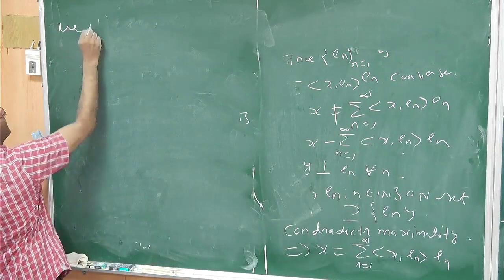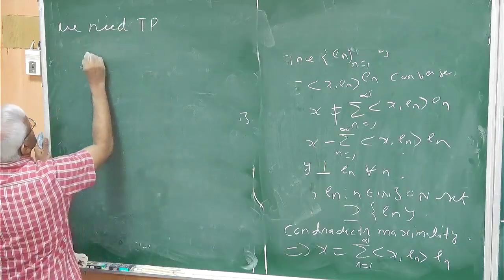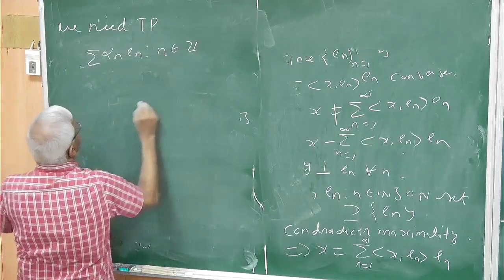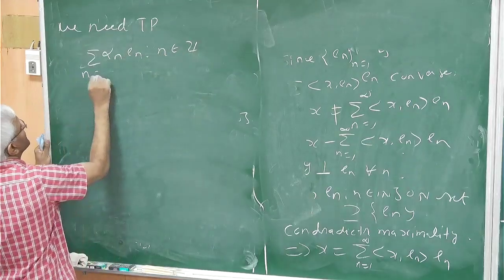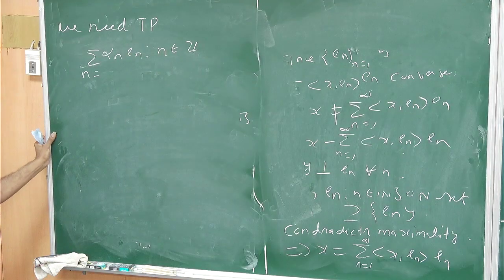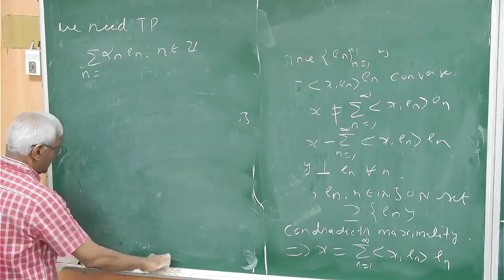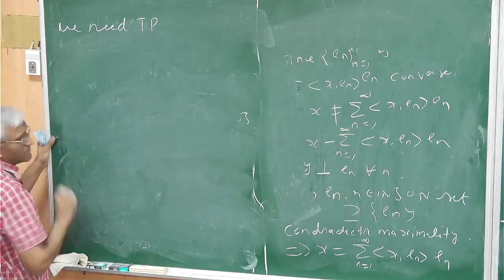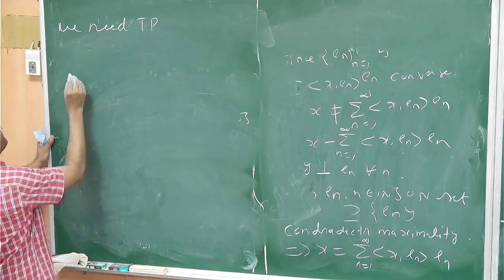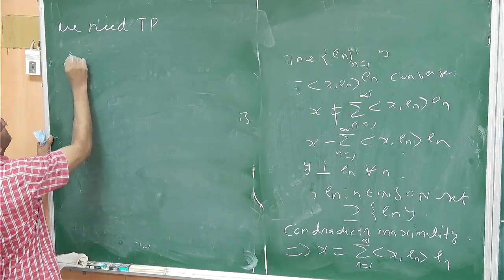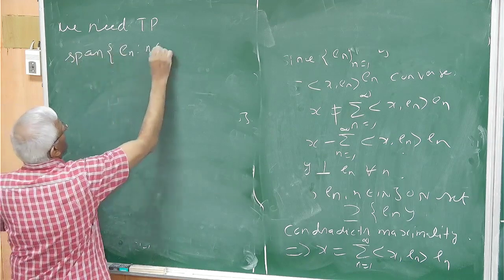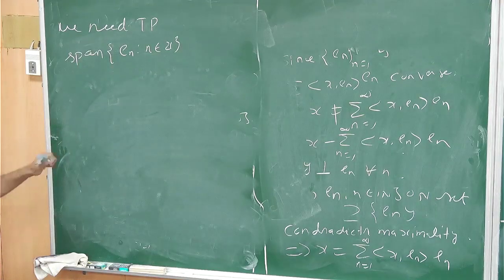We need to prove that summation alpha n en, n in Z, with finitely many of them, the span of En, n in Z, is dense.